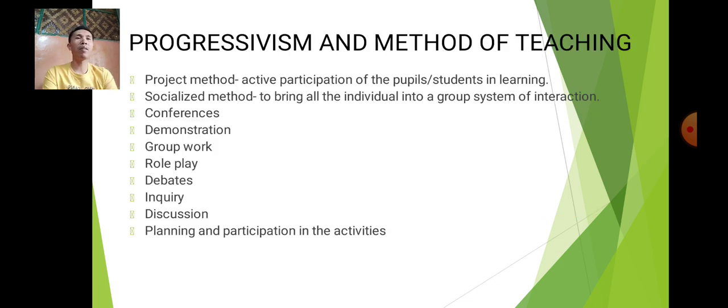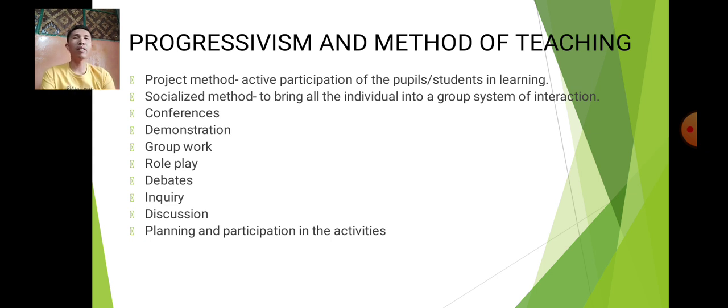Progressivism and methods of teaching. Okay, so it includes number one, project method, where there is an active participation of the pupils or students in learning. So the teacher must give some project that will lead students in learning the subject matter or the topic being taught.